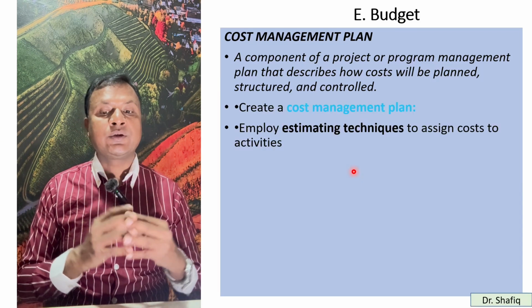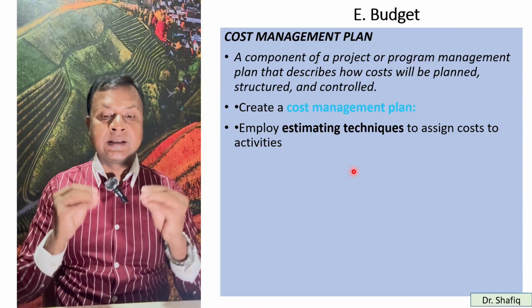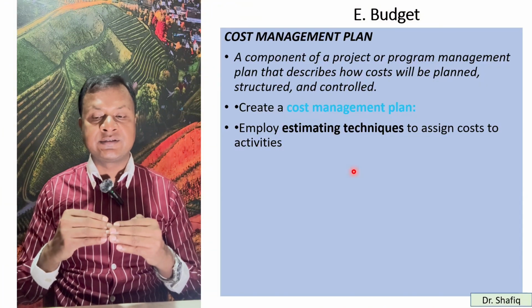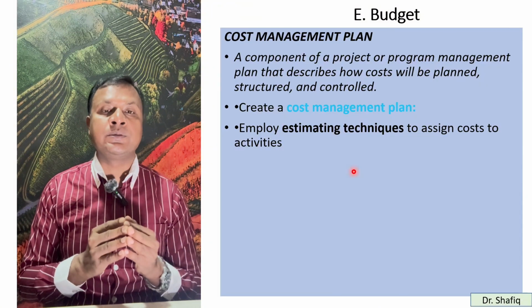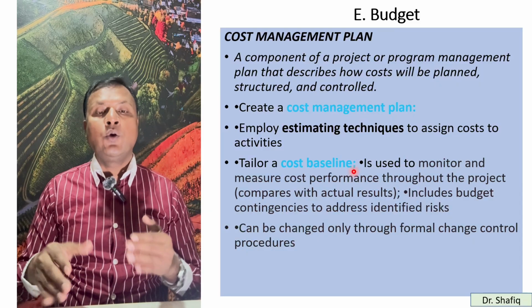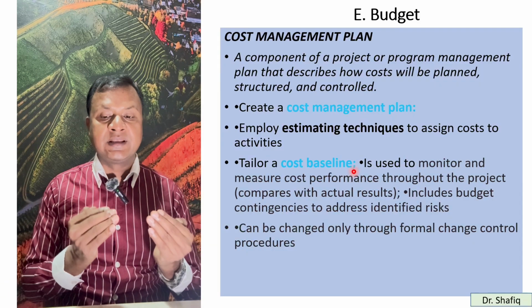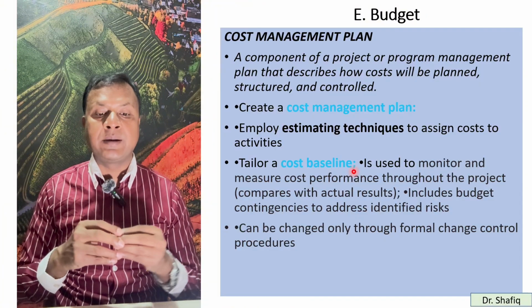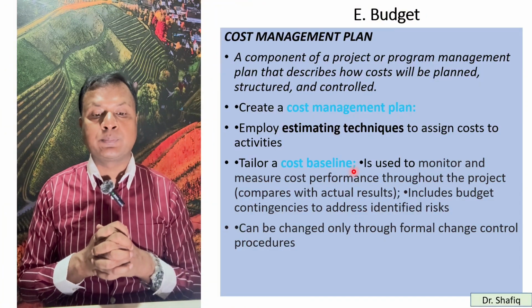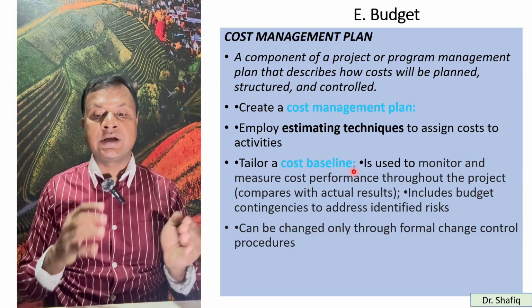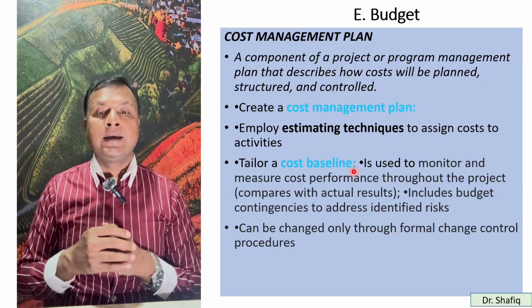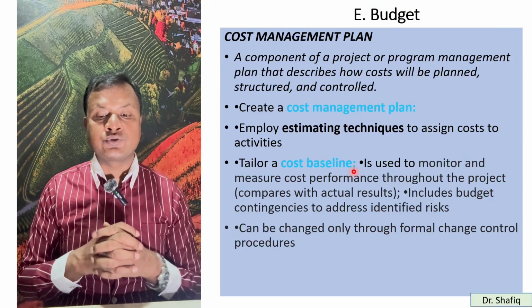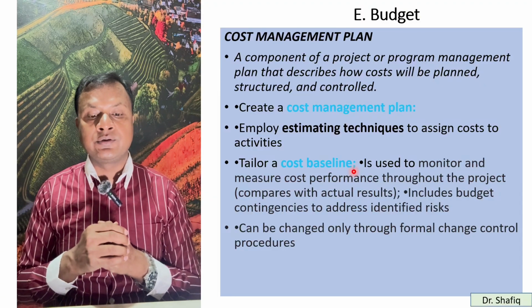So we should create a cost management plan. We can employ estimating techniques to assign cost to activities, or we can tailor a cost baseline. It is used to monitor and measure cost performance throughout the project. We can compare with actual results, and that includes budget contingencies to address identified risk.